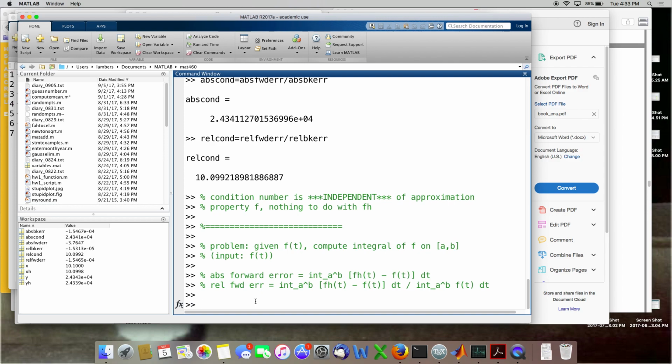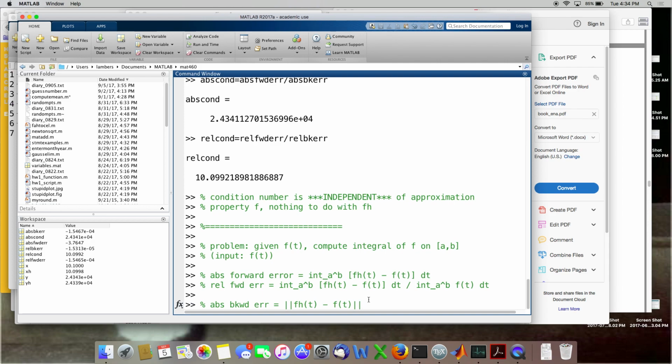Okay. I also need backward error. Now, backward error is a little trickier in this case. The absolute backward error, well, normally I think, okay, it's the difference of your inputs, your exact input, your approximate input. So f hat of t minus f of t. But here's the problem. These are functions, not numbers. We really want these measurements of error to be numbers. So what I'm going to do is, by closing these in double vertical bars, that's a norm.